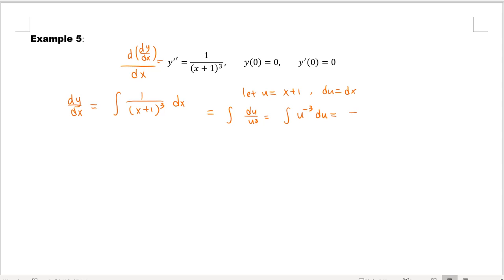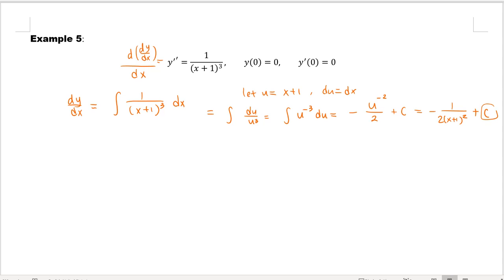The integral is u to the minus 2 over minus 2, plus c. And u is x plus 1, so this is minus 1 over 2 times x plus 1 squared, plus c. Okay, so this is y prime.